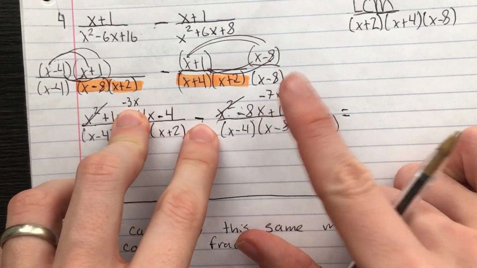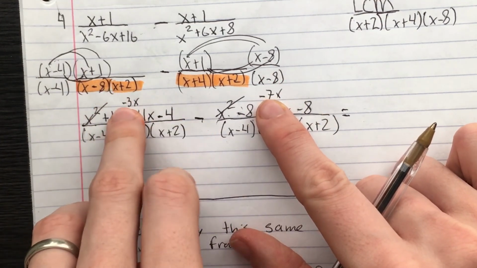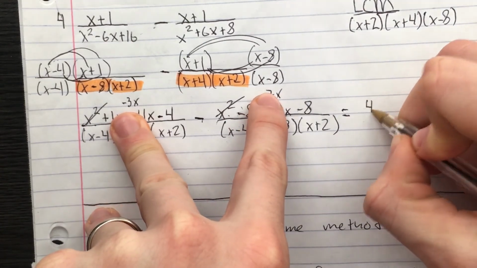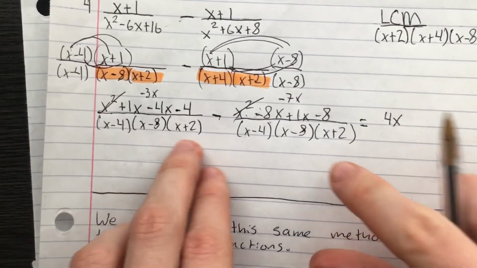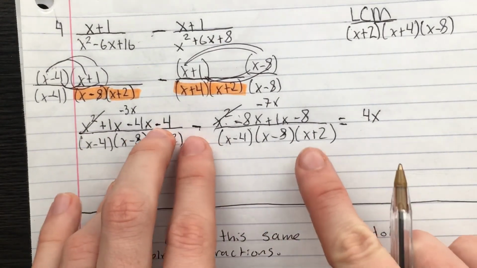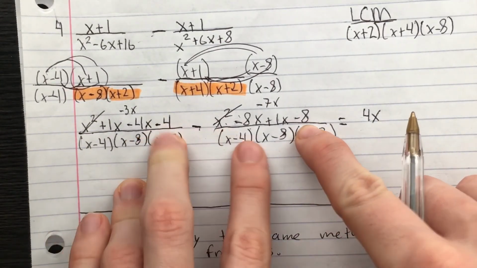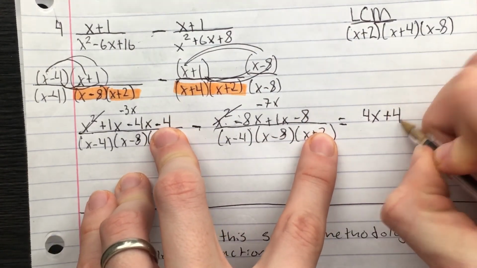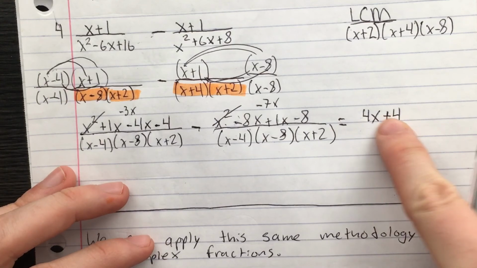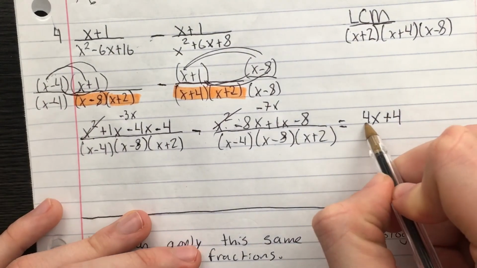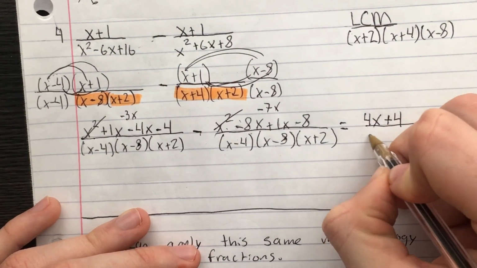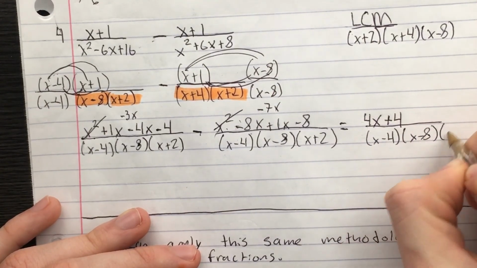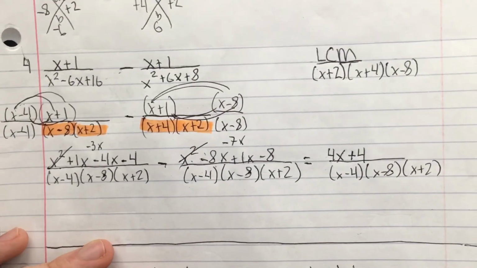That's negative 3x plus 7x, so that's going to be 4x for us. And then we've got negative 4 minus negative 8. Negative 4 plus 8 is going to give me a positive 4. And our denominator is still going to remain the same: x minus 4, x minus 8, and x plus 2.